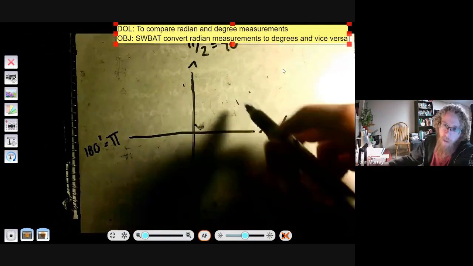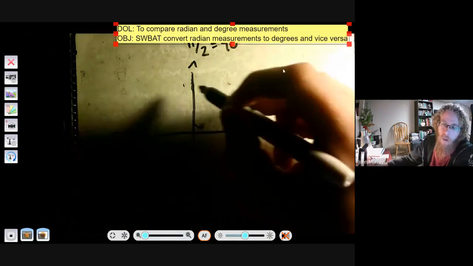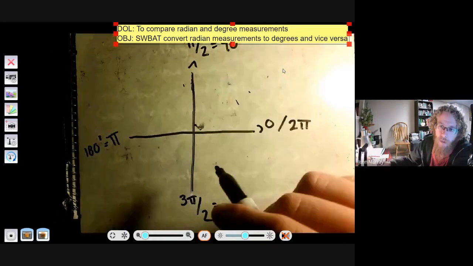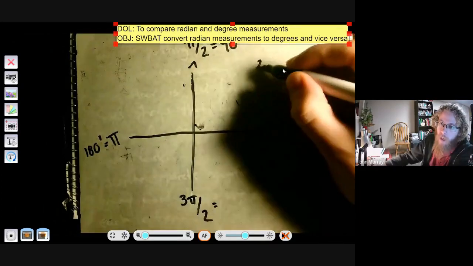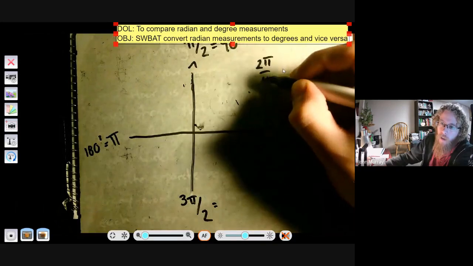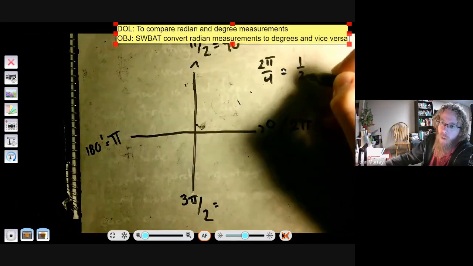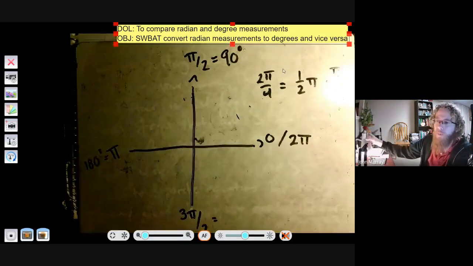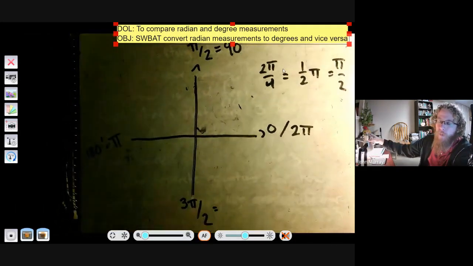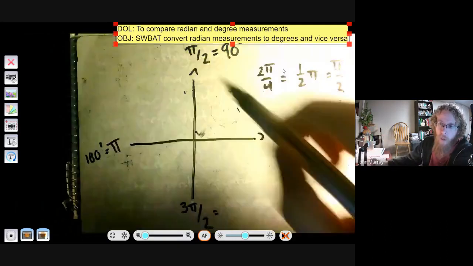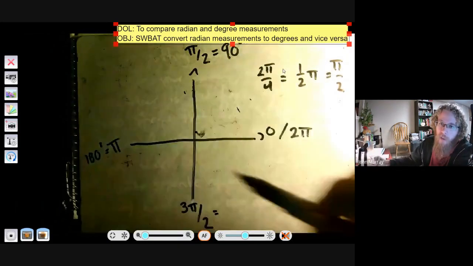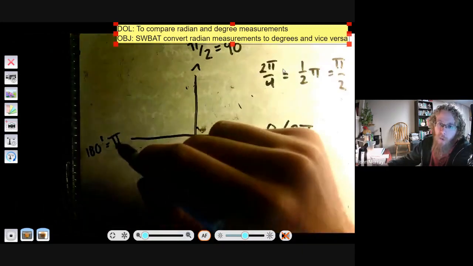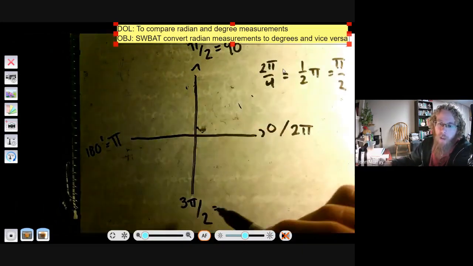So what we do is we add, each one of these is a quarter. We break up our full circle into quarters. So 2 pi divided by 4 gets me 1/2 pi or pi over 2. So that's why we break up each one of these segments. I increase by pi over 2. Pi over 2 plus pi over 2 is just pi.